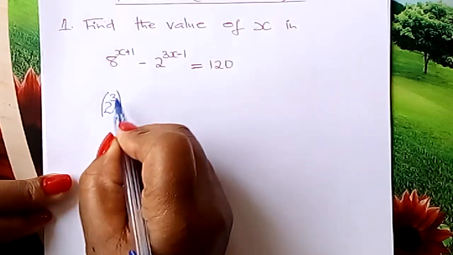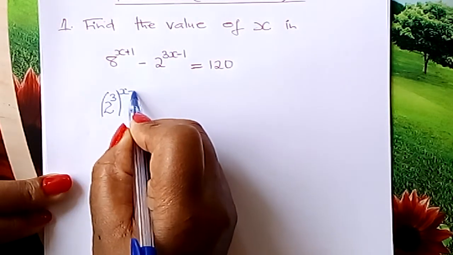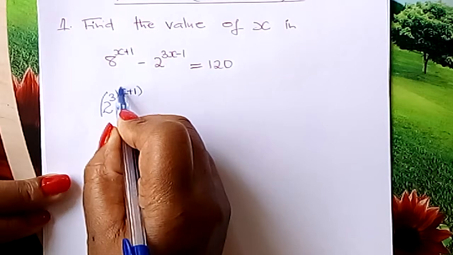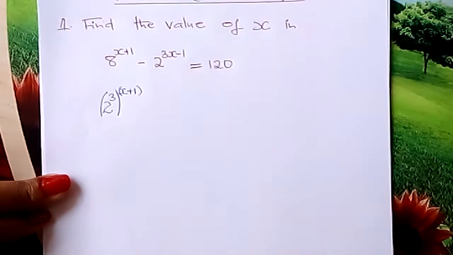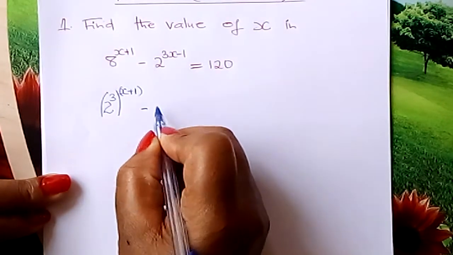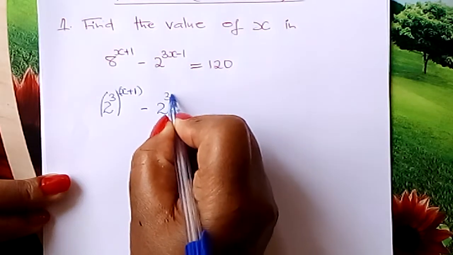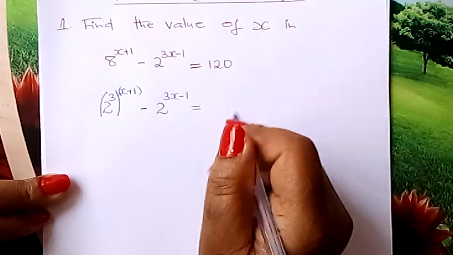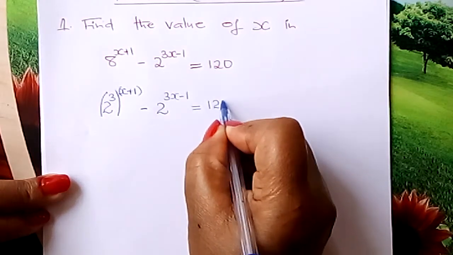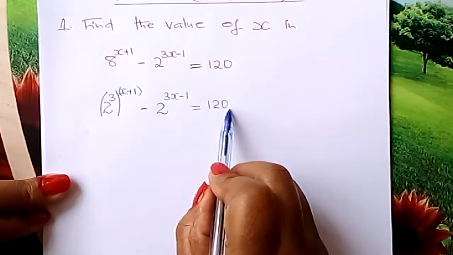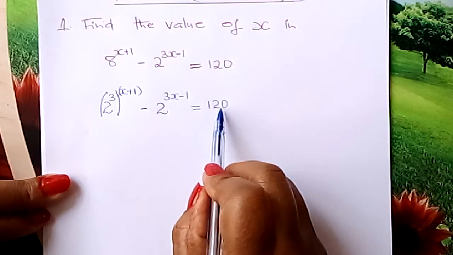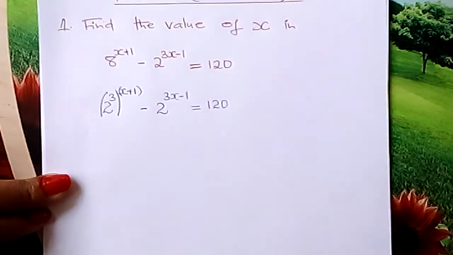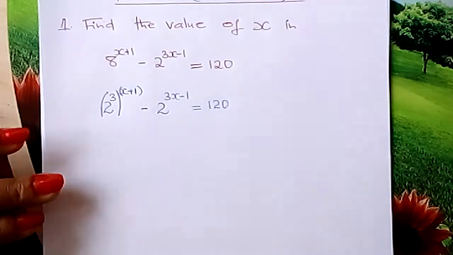Then you raise this to x plus 1, then you say minus 2 raised to 3x minus 1 is equals to 120. You cannot express 120 using base 2, so let us use it the way it is.